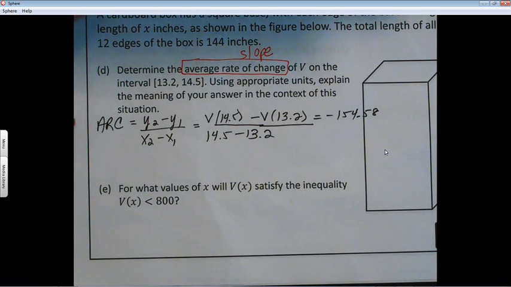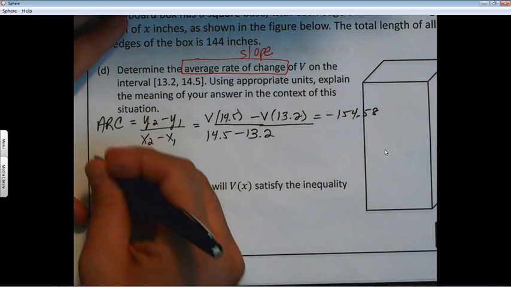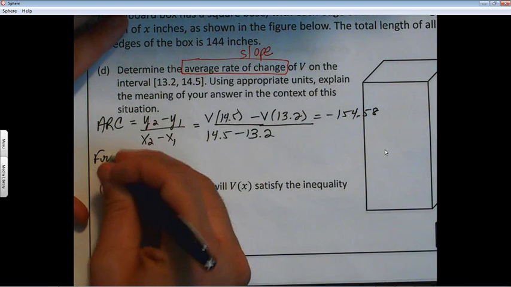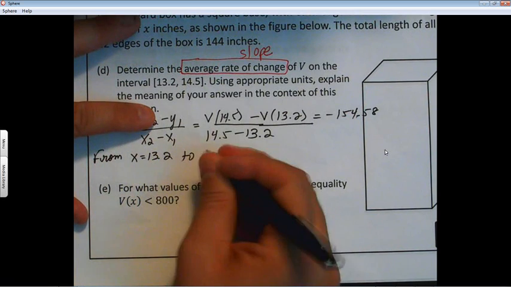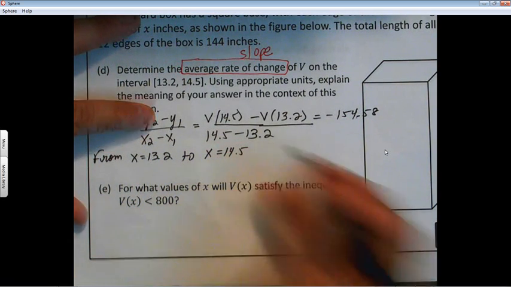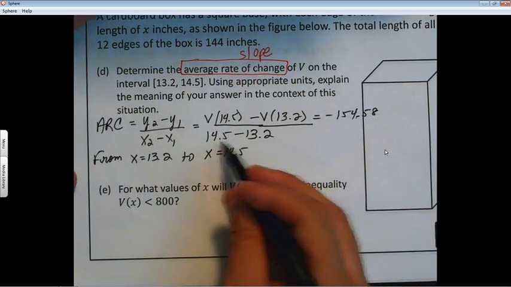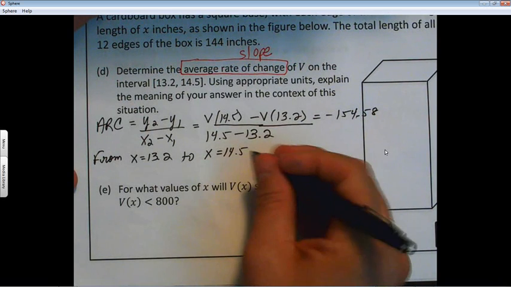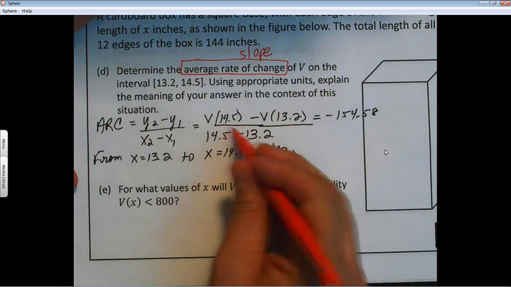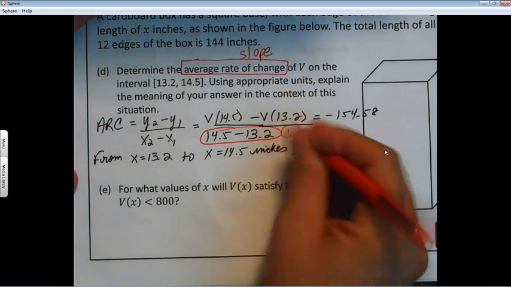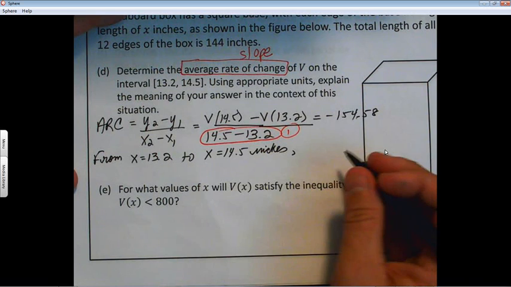So we know from our calculation that the answer is negative 154.58. So let's write the sentence now. And I know the sentence is something that we still struggle with. So we're going to say from x equals 13.2 to x equals 14.5.